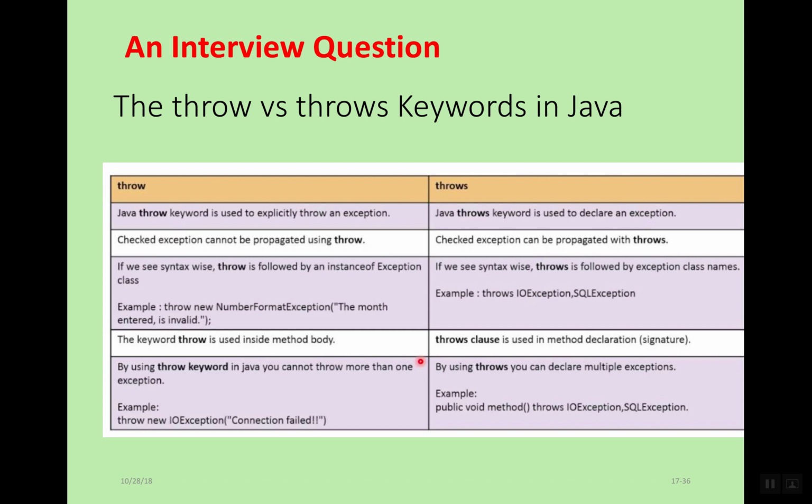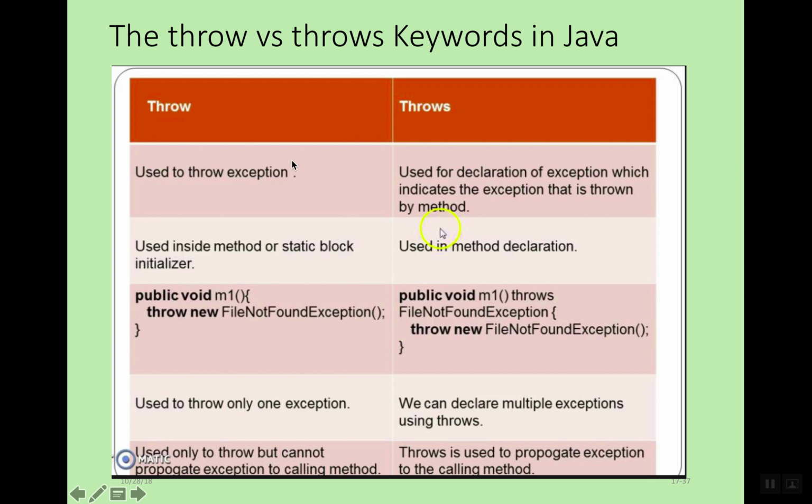As we are discussing, we need to use throws for checked exceptions. We will discuss that, but there is another keyword called throw, which is used to throw an exception.